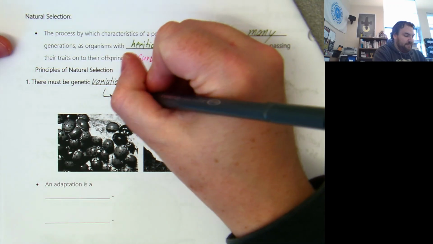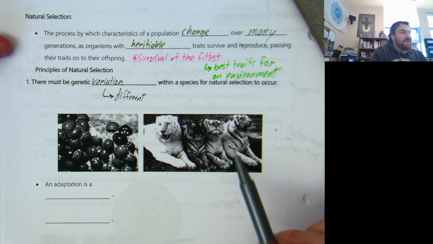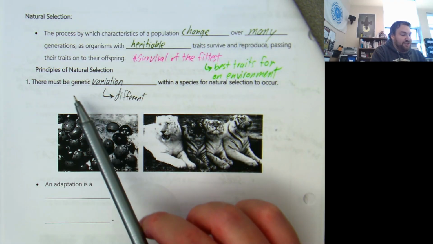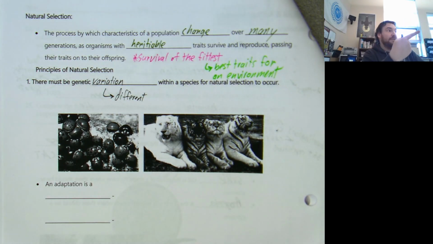Differences, different what? Specifically, what kinds of things? We're talking about genetic variation, so there need to be differences. Yes, different things of one thing. I know what you mean.